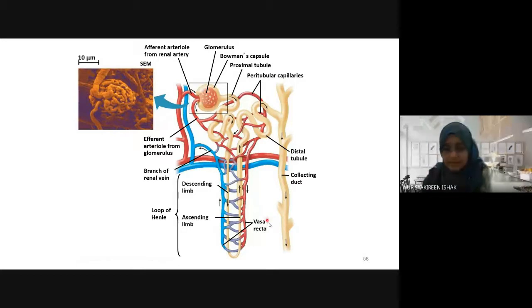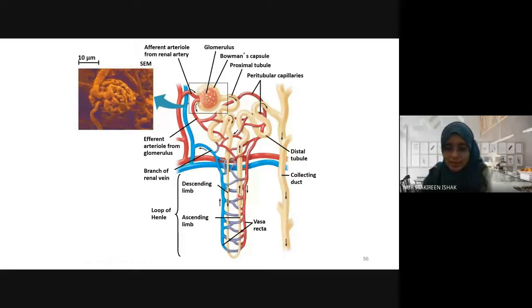Okay, vasa recta. So for vasa recta, dia pun ada dua region juga. Dia ada descending vasa recta, dia juga ada ascending vasa recta. Kat sini kita akan baca nanti akan melibatkan counter current juga. Okay, the blood flow in the descending vasa recta will flow in the opposite direction as the filtrate in the ascending limb of loop of Henle.